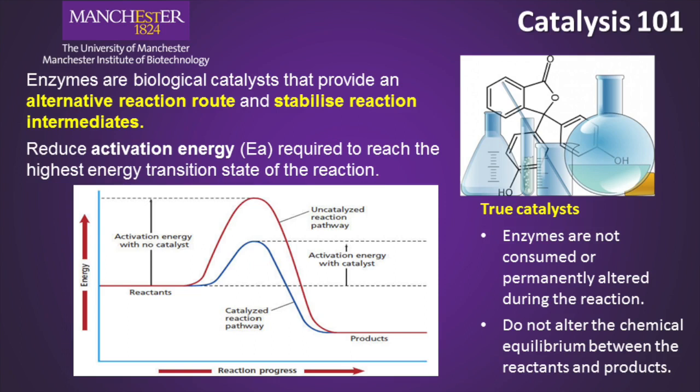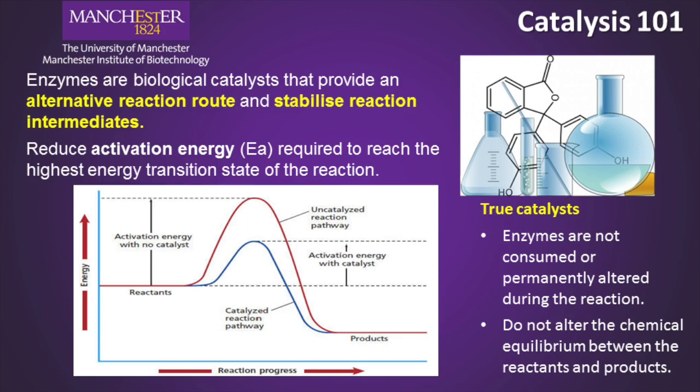And we can see this on the schematic slide here, where the uncatalyzed reaction pathway is shown using the red curve. And in the presence of an enzyme, we can see that the energy required to overcome this hill, if you like, of free energy is reduced, and therefore the overall rate of an enzyme catalyzed reaction is accelerated versus the uncatalyzed reaction.